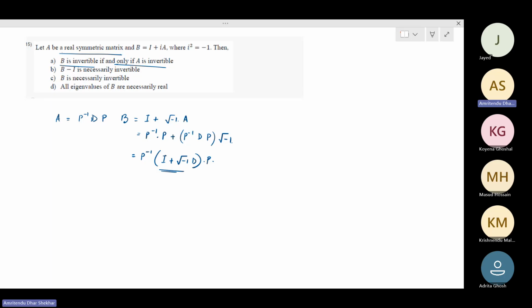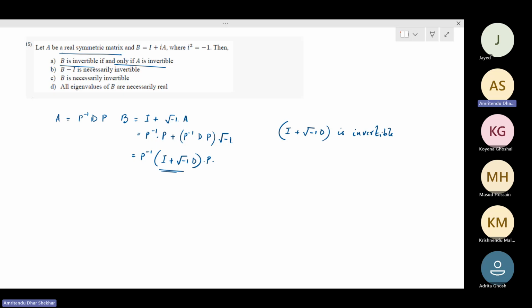So in particular, I plus square root of minus 1 times D is invertible. But the sufficiency part is correct, while A need not be invertible.